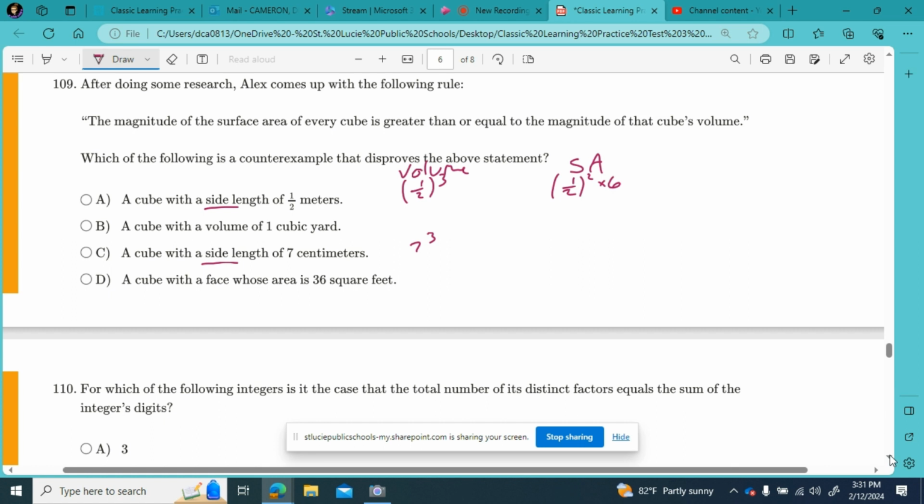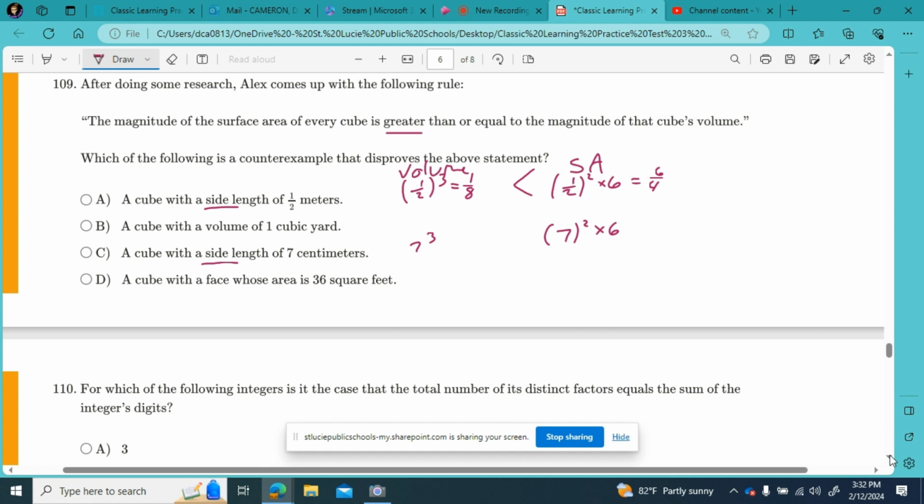So for this one, side length squared times the 6 faces of the cube. 1/2 times 1/2 is 1/4 times 1/2 again is 1/8. 1/8 cubic meters for the volume, and the surface area would be 1/4 times 6, which is 6/4, where the magnitude of the surface area for A is greater than the volume.